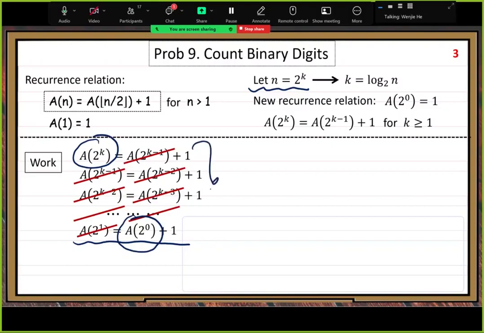But we need to accumulate all these ones. How many ones do we have? Can you see? You need to count the number of equations, the number of equalities. Can you see how many equalities you have?